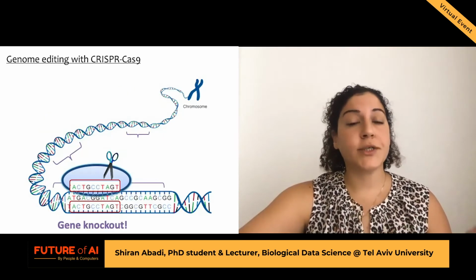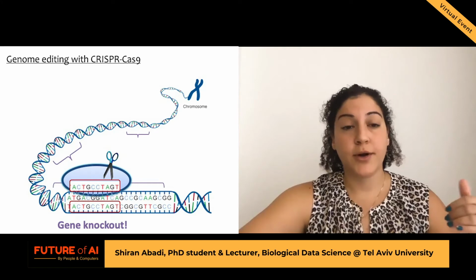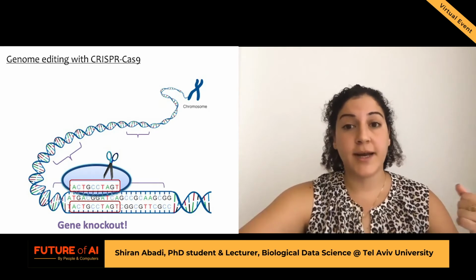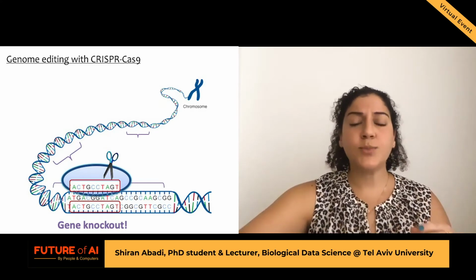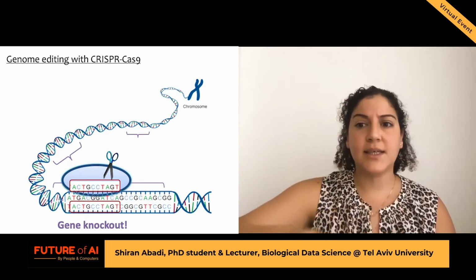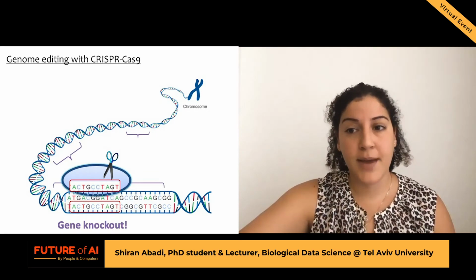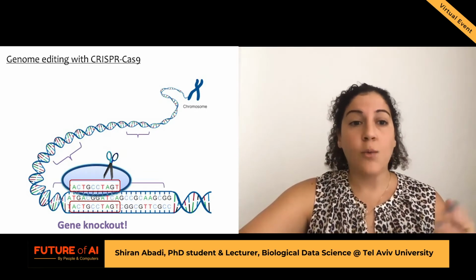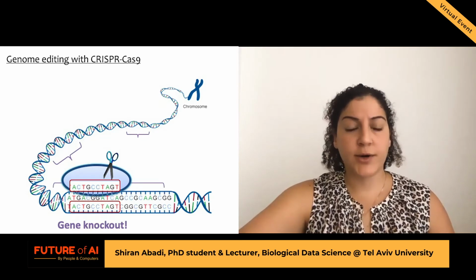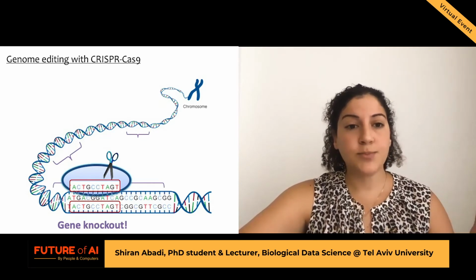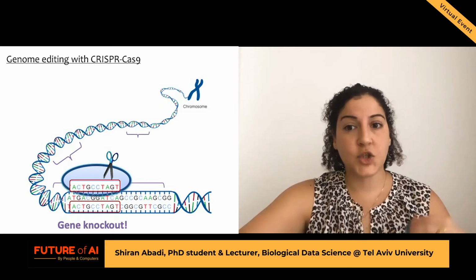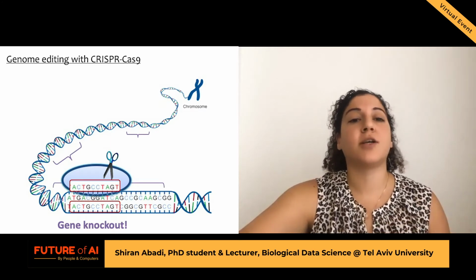When the researcher inserts this CRISPR with the designed sgRNA into the cell, the CRISPR sort of scans the genome until it finds a match to the DNA. Once there is a match between the sgRNA and the DNA, the CRISPR cleaves this gene and causes it not to function anymore.